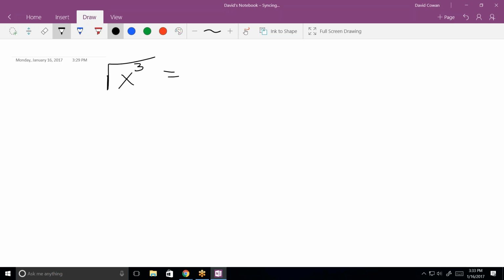I can write that as the square root of x squared times the square root of x, correct? What's the square root of x squared? X. So that's the answer.